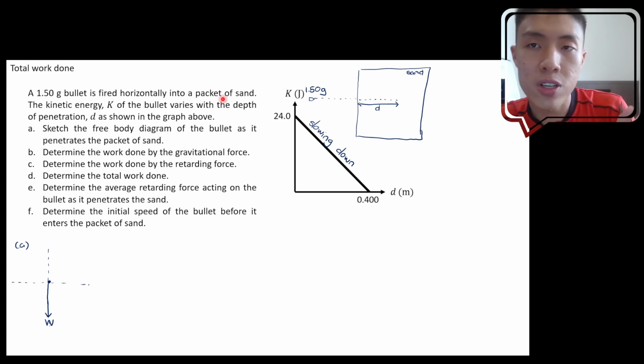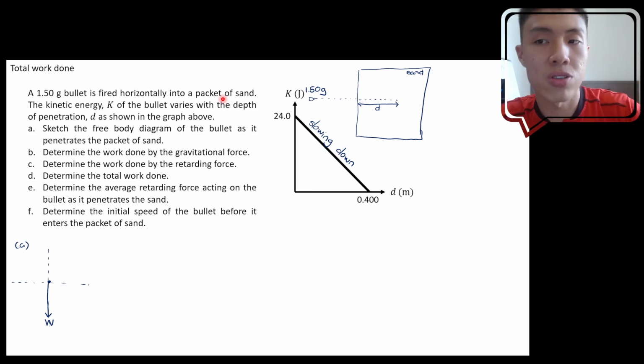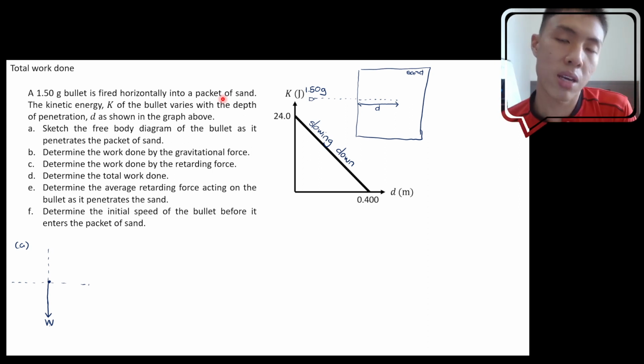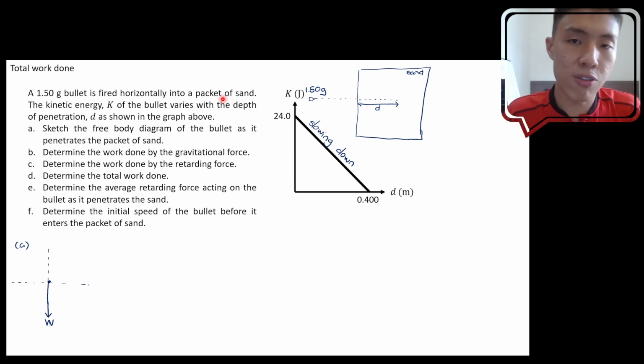So there's no force acting by the pistol on the bullet when it is flying horizontally. Okay, that journey there, the bullet is no longer in contact with the pistol, or no longer in contact with the air or the explosion of the pistol. So in that case, you don't need to consider the force acting by the pistol on the bullet anymore. Okay, so there's no external force involved.